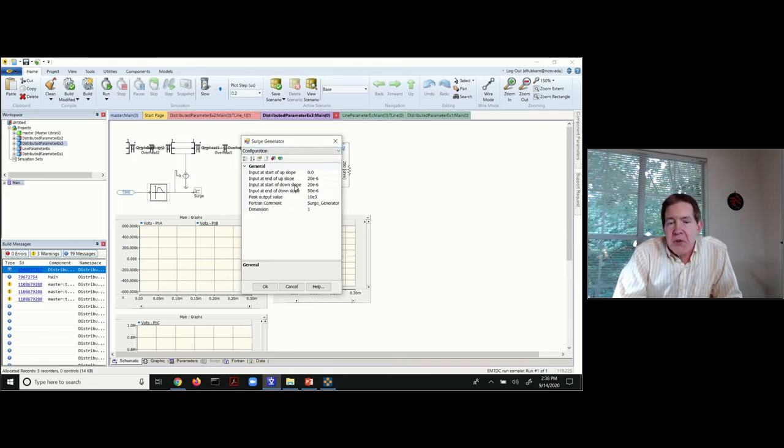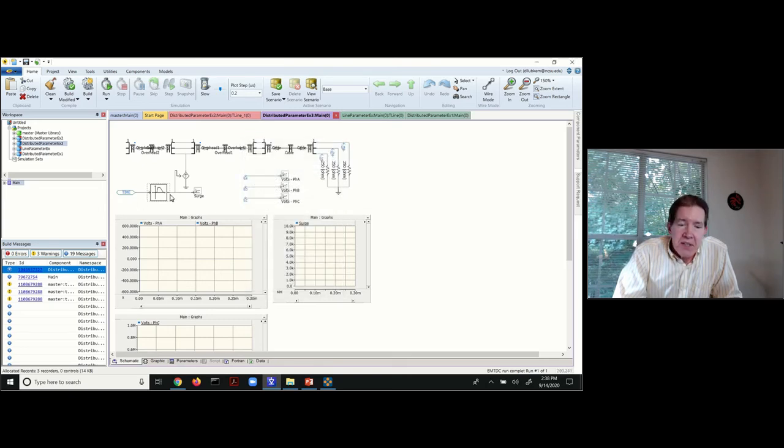You can enter its characteristics: the peak value, the rise time, and the decay time. This then takes the function and drives it into the current generator, which converts it into the ampere current injection. And if you want to plot this out, you can create this little plotting channel called surge.